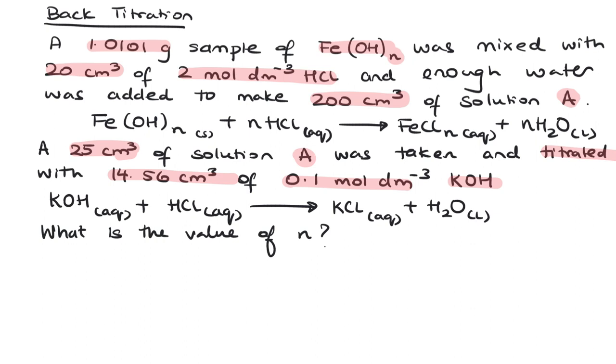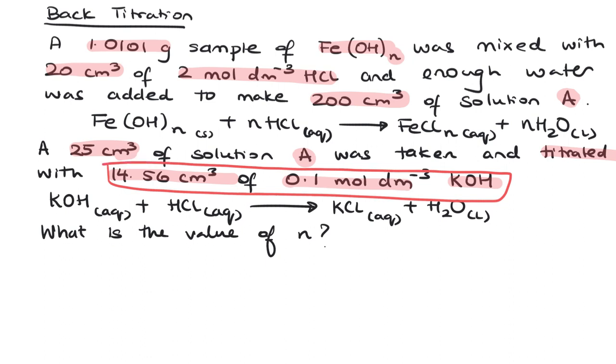When we are dealing with such a question, we often work in terms of number of moles. So let's start by working out the number of moles of potassium hydroxide. We are given 2 bits of information. Number of moles of KOH is equal to its concentration times the volume divided by 1000 as we want it in the correct units, and that gives a value of 1.456 times 10 to the power of minus 3 moles.